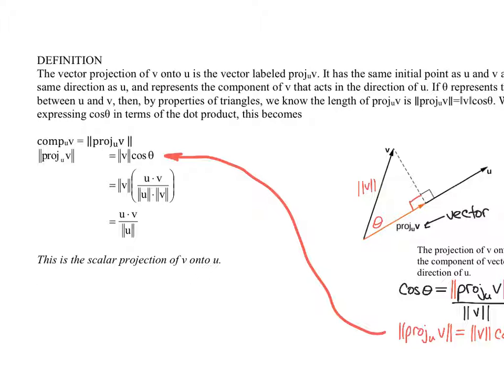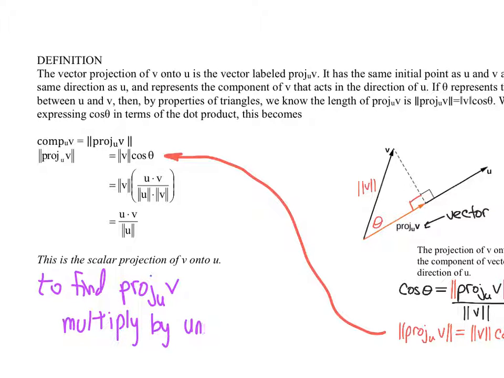The projection of v upon u, defined: the actual vector projection of v upon u, multiply by a unit vector in the direction of u.